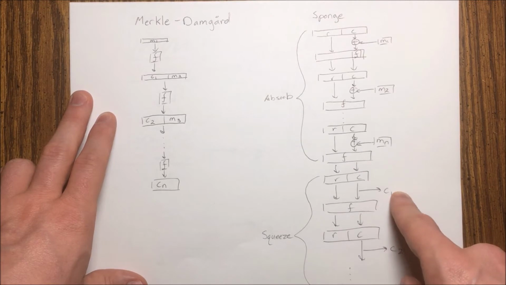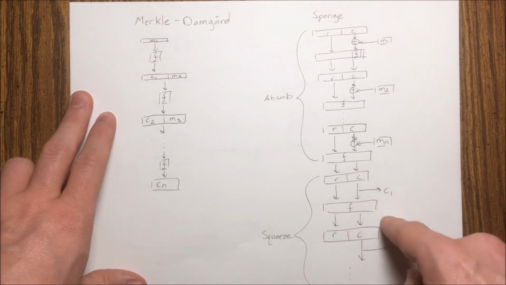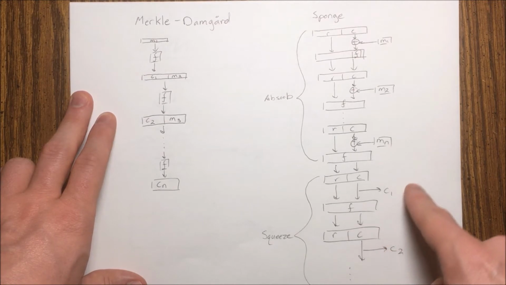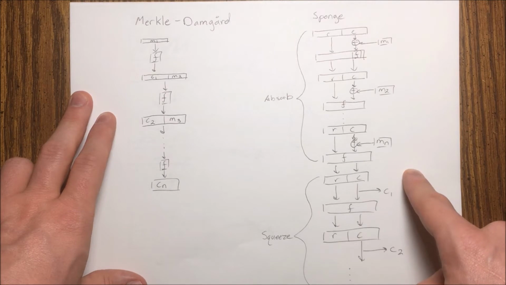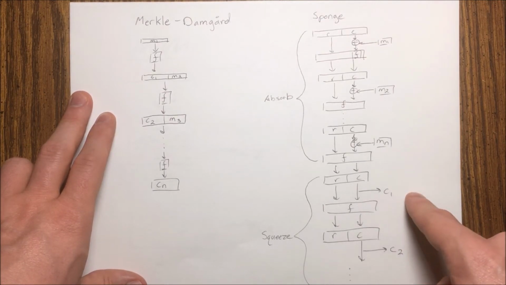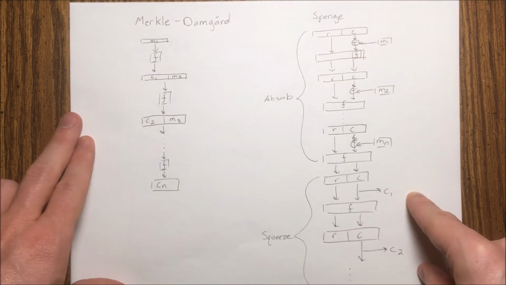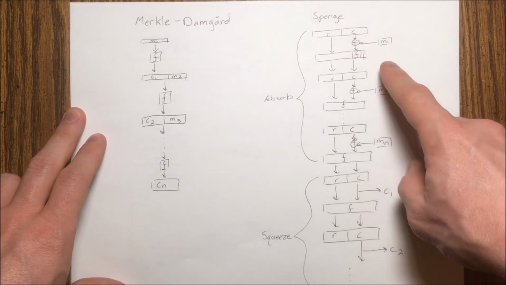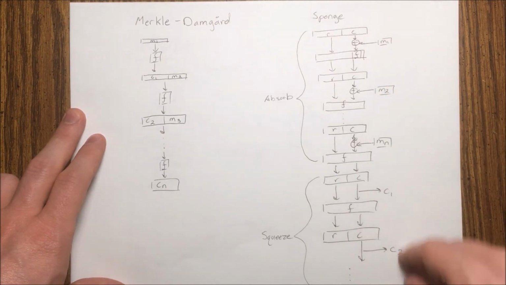The extendable output version, something they call SHAKE, allows you to do n number of squeeze steps. However, that appears mostly to be a form of random number generation, or a generation of a random stream, rather than producing a cryptographic hash value. And for a long time that confused me because, again, this seems to be extremely powerful. You absorb, continuously run your function, and squeeze, running this function.